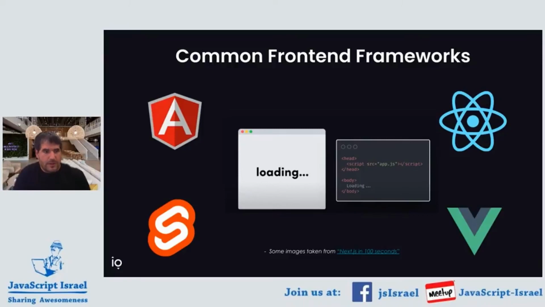Common frameworks are Angular, Svelte, Vue, and React, of course.